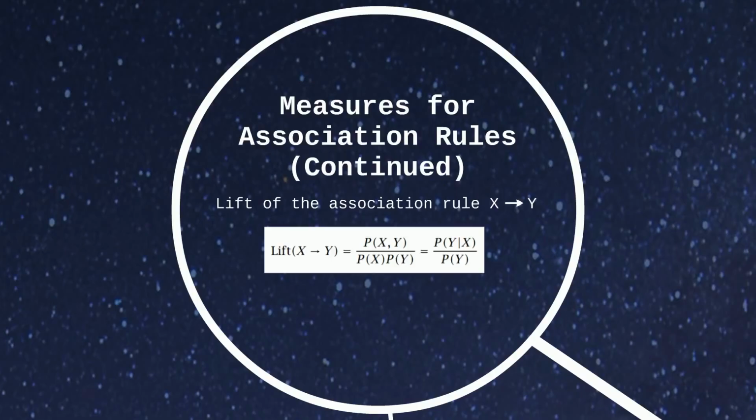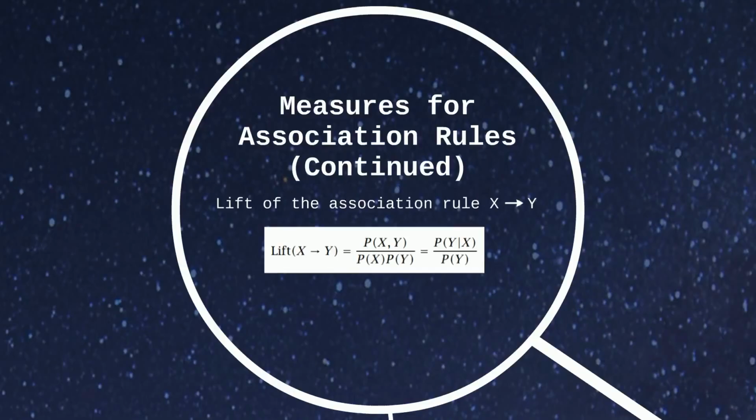If we had a lift less than 1, we would say it makes it less likely. So maybe if the lift was like 0.5, we could say buying milk makes you less likely to buy bananas, although I would expect that that rule would have a large lift because it seems like those two products go together.